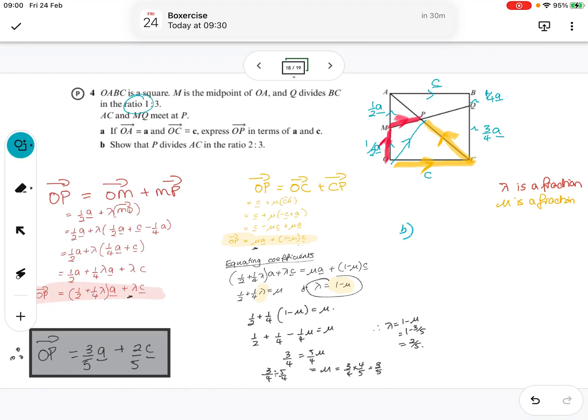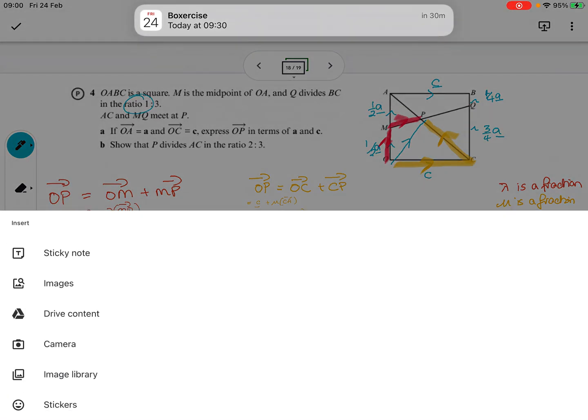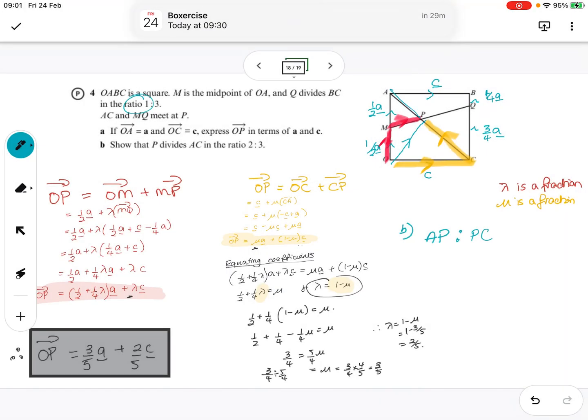So let's have a look at B. Show that P divides AC in a ratio of 2 to 3. Okay, so we want AP to PC. So AP is that bit.